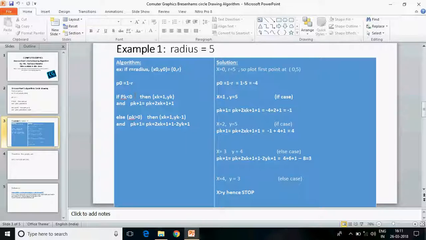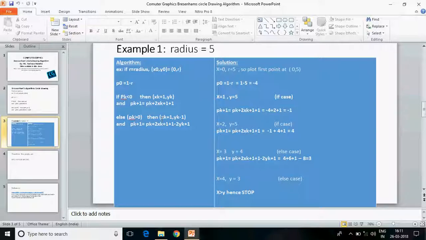If the condition pk less than 0 is true, we follow these: x is incremented by 1, y remains the same, and pk plus 1 is the old pk value plus 2xk plus 1 plus 1. This is 2xk plus 1 plus 1.